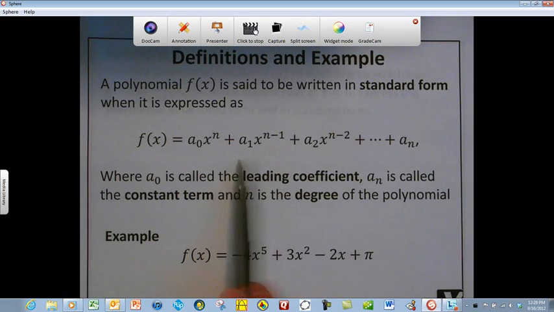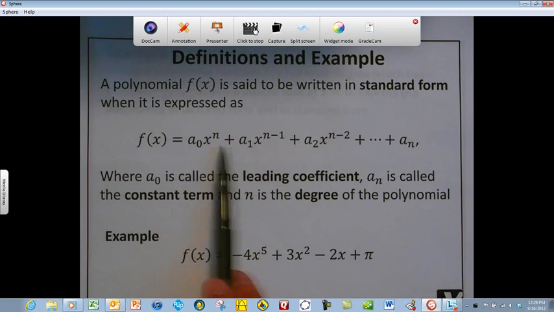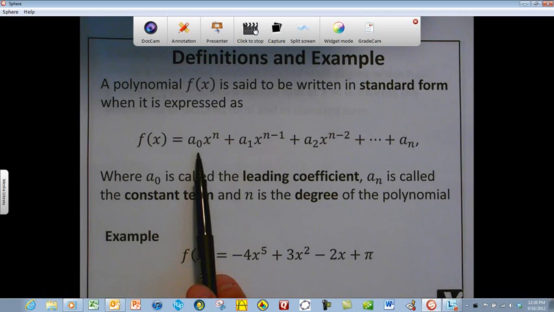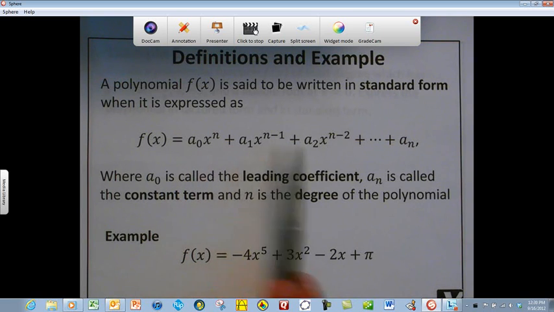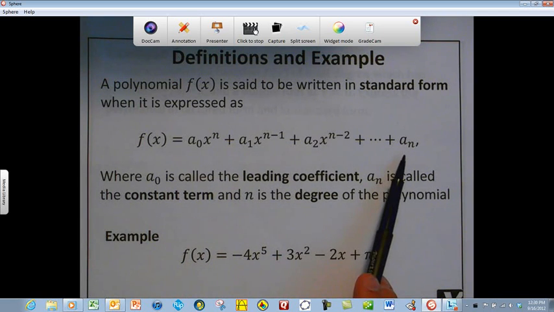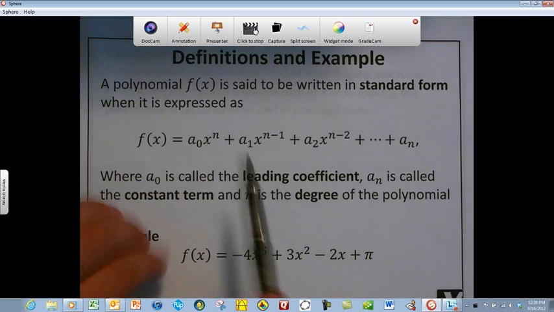A polynomial f of x is said to be written in standard form when it is expressed in this order: a sub 0 times x to the n. The a sub 0 is our leading coefficient. Now don't worry so much about these subscripts, the a sub 0, a sub 1, a sub 2, a sub n. That's just to indicate that these might be different constants.